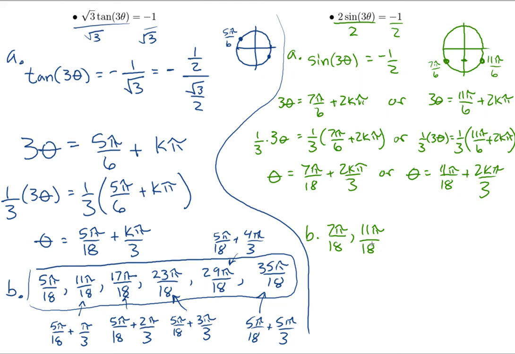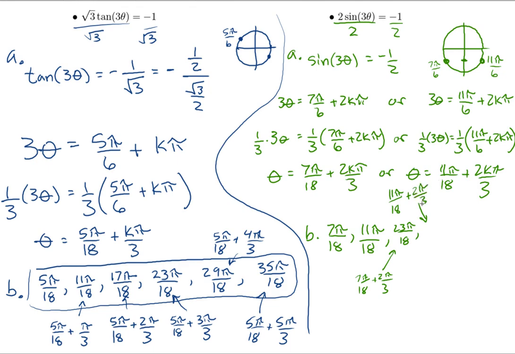But then we can start adding more, right? So this can be 7 pi over 18 plus 2 pi over 3. So that's going to give me 23 pi over 18. This one would be 11 pi over 18, so I'm alternating over to that solution, plus 2 pi over 3, right?